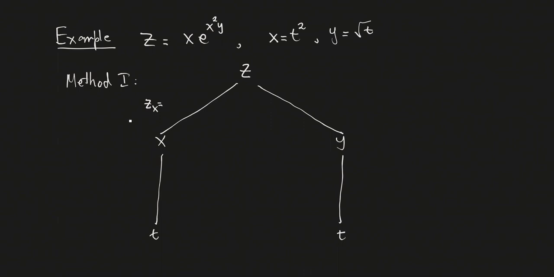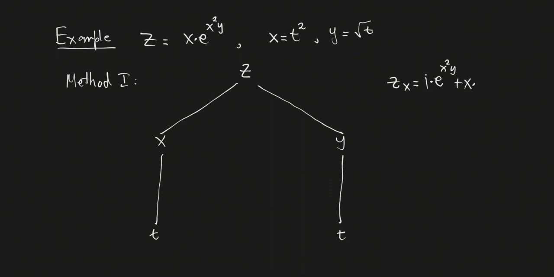And actually, let me do all the derivatives that we need off to the side, and then I can label it. So if we do z sub x, I have to use my product rule because this function depends on x, as does this function. I'm treating y as a constant. So it's the derivative of the first times the second plus the first times the derivative of the second.